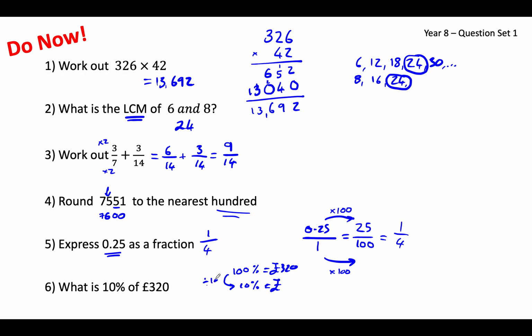So if I want 10%, all I have to do is divide it by 10. That makes it one place smaller. So it's 32 pounds. Okay, so if you want 10%, you divide by 10. Okay, now that's the only one it works with. You can't find 20% by dividing by 20, but we can find 10% by dividing by 10.